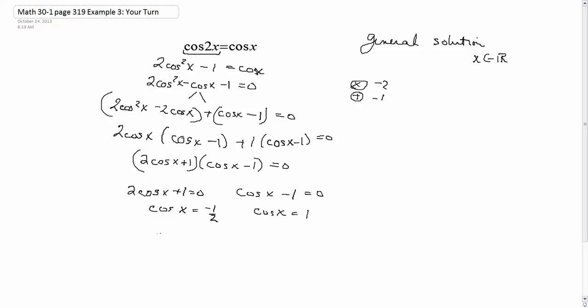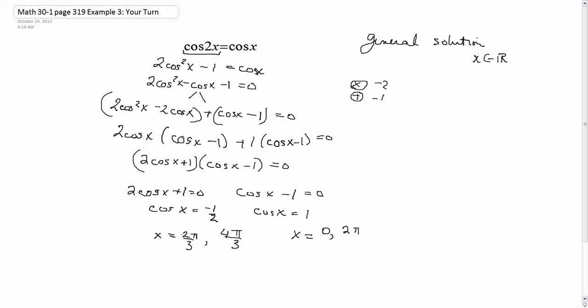And so x is going to equal 2 pi over 3, and in that first cycle it will also equal 4 pi over 3. And the only place where we have cos of x equaling 1, remember this is a positive 1, is at 0, and then again at 2 pi.